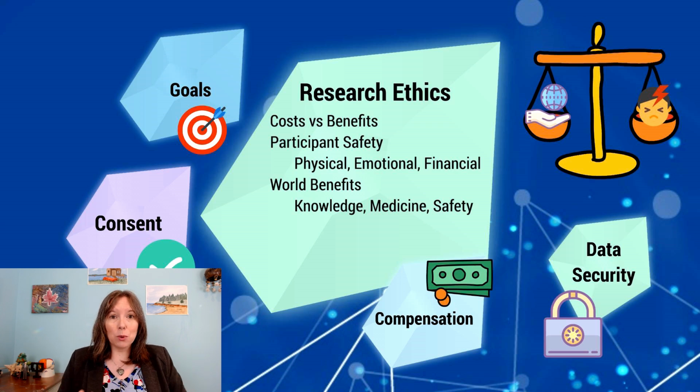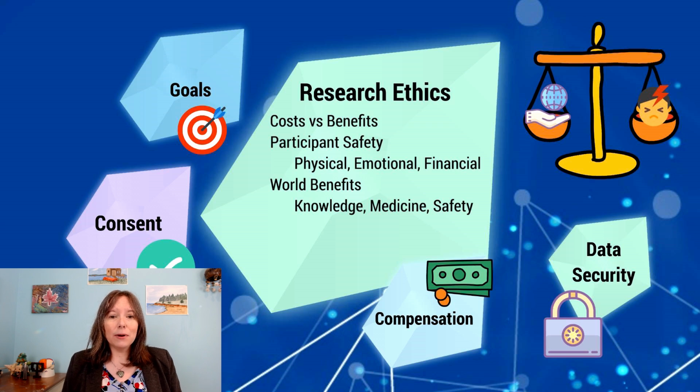Costs could include actual monetary costs, like the cost of paying a research team, the cost of paying participants, the cost of research materials, but it could also be the cost of time. Benefits could, of course, include the knowledge that society will gain, the safety that we may gain from doing the study, preventative care that may come from the study. And it's important to understand that for all psychological studies, the benefits must outweigh the costs.